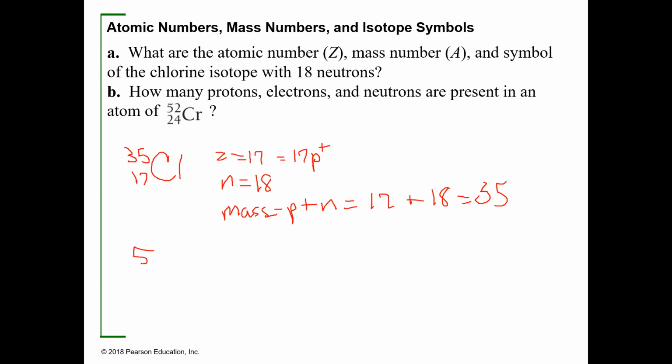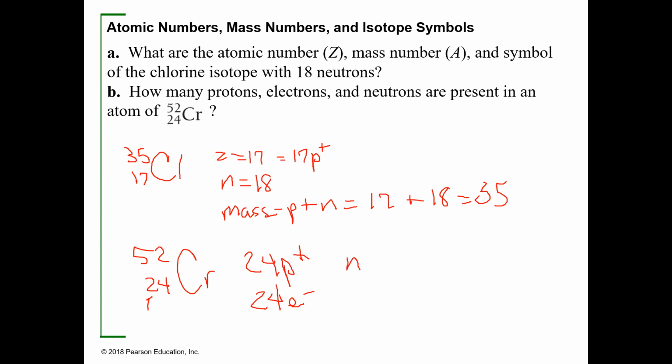Now let's look at B. I have chromium-52, with atomic number 24. Okay, so this is an atom, there's no charge, so how many protons do I have? Well, that's equal to my atomic number. So I have 24 protons. I have the same number of electrons because it's neutral.